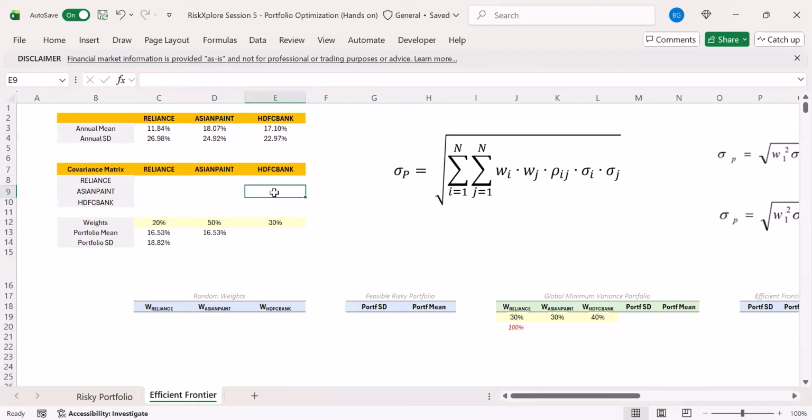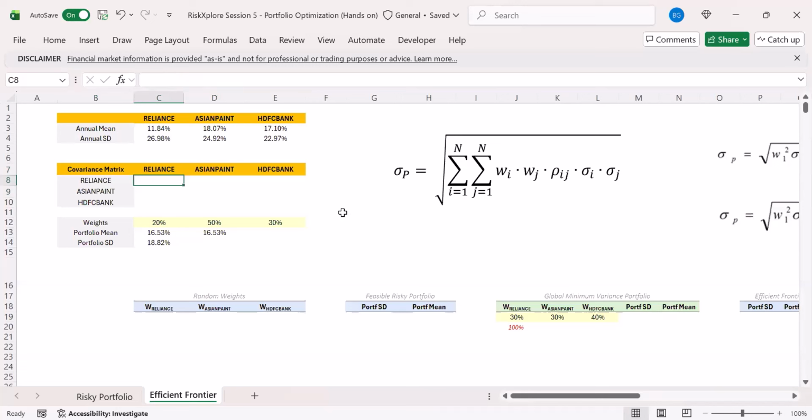So हमें हर एक stock को we have to pair it with each other, right? We have to pair it with each other, and then हमें उसके respective weights को multiply करना है with their covariance. So if you see this term, correlation into SDI and SDJ, this is nothing but covariance. So हमें क्या करना है, हमें pair wise we have to compute covariance here. We have to pair wise compute covariance.